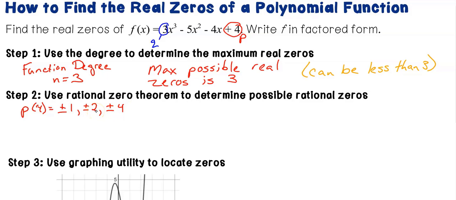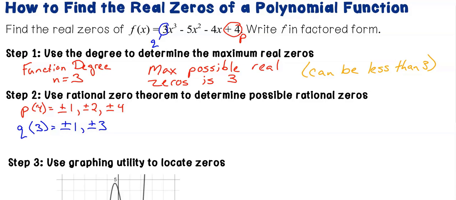We only need to list it once. For q, which is 3, our potential factors are plus or minus 1 and plus or minus 3.